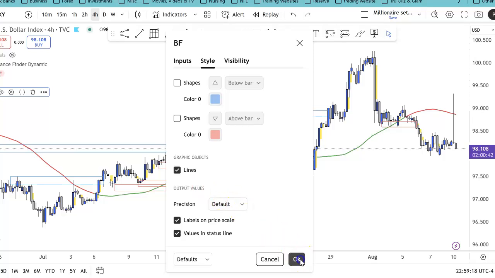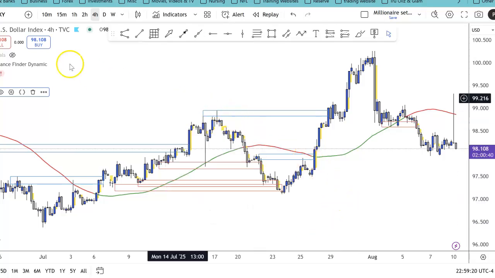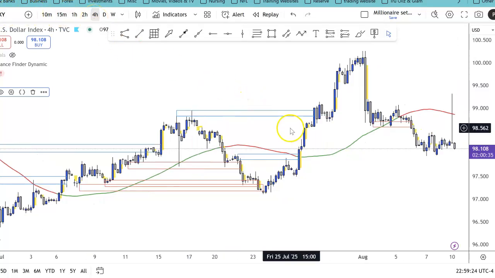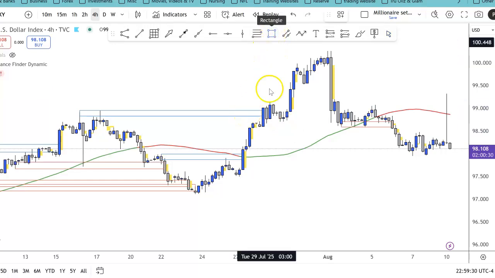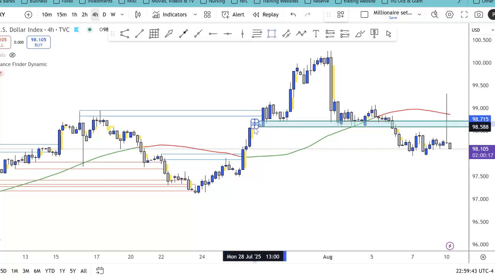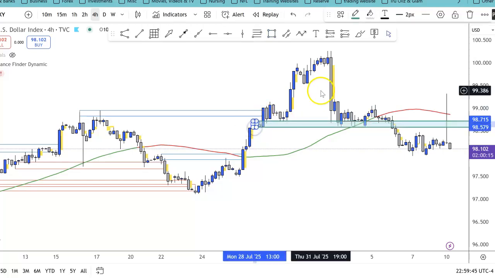And to give you an idea of what that looks like, I'm on a DXY on the 4-hour time frame. What I would do is identify my blue box, and then I'll use the rectangle tool from TradingView, and I will identify the last selling candle before the blue box and mark that zone up from the open to the close, including the wicks.